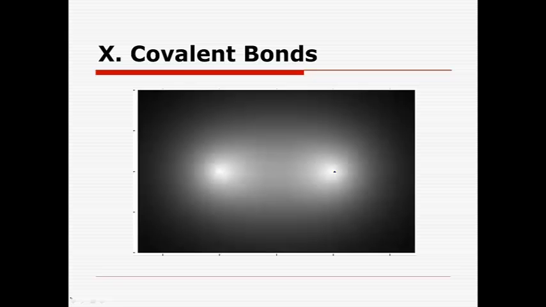For each one of these atoms to bond together, or share electrons, the areas that are probable for them to have electrons have to overlap. So this nucleus attracts its own electrons plus the electrons being shared by this one. Same thing here. Not all the electrons are going to be shared.